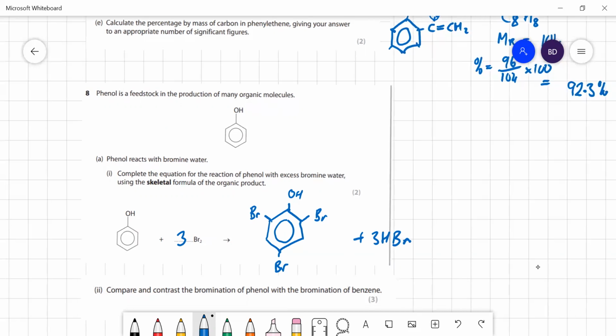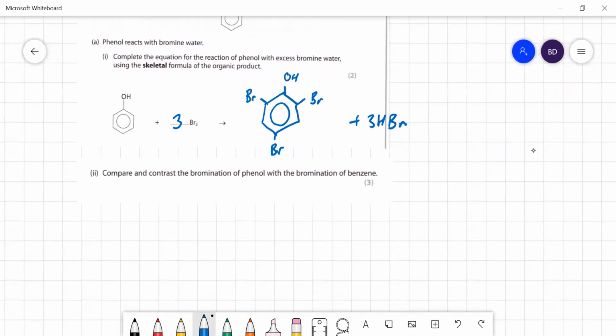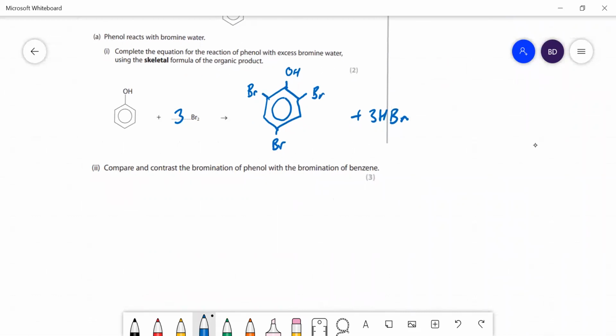Right, compare and contrast the bromination of phenol with bromination of benzene. Okay, so we should know here that, first of all, phenol undergoes electrophilic substitution more readily.